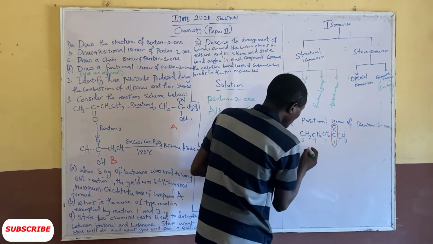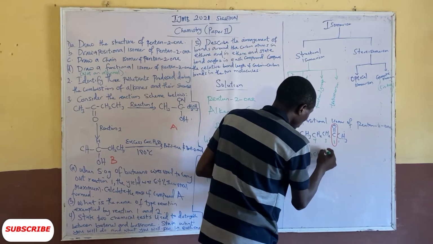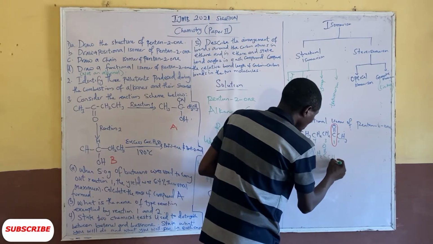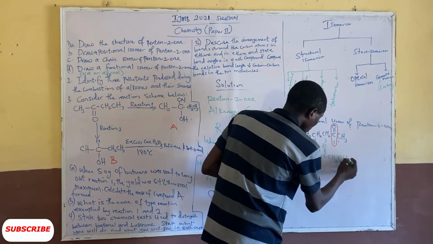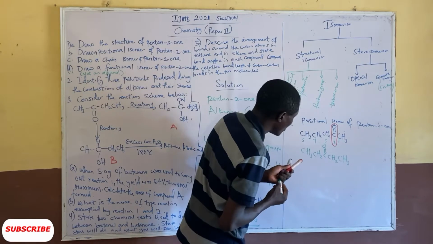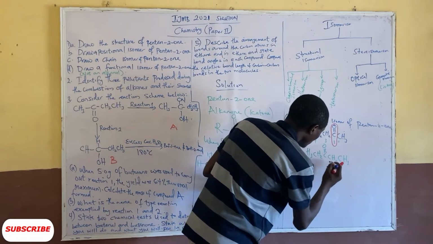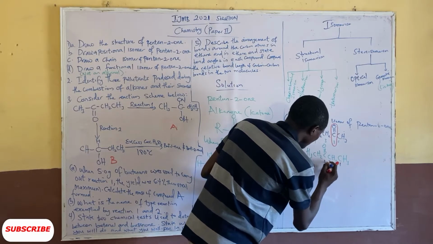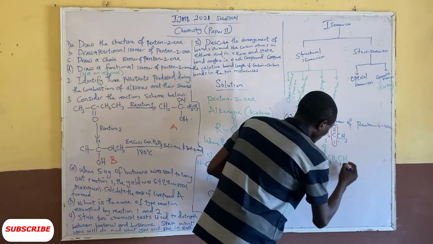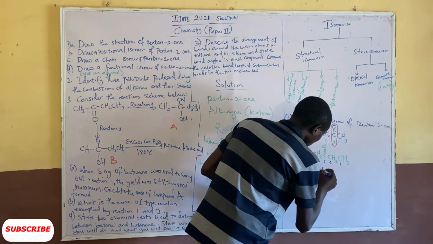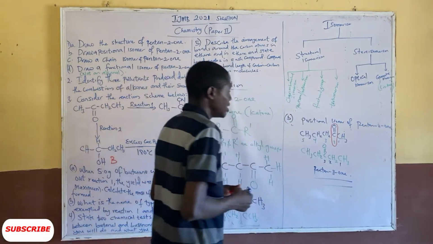So if we change it, this one, CH3, CH2, C double bond O, CH2, CH3. Now let's count. This is 1, 2, then number 3. So this is now pentan-3-one. This is pentan-3-one.